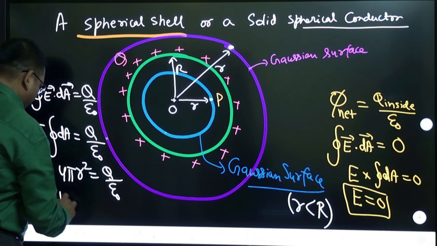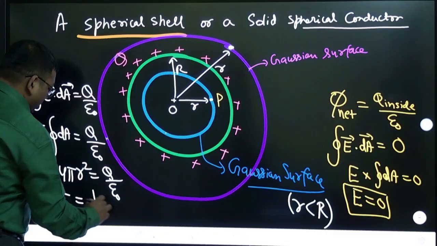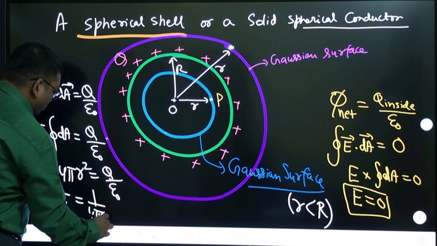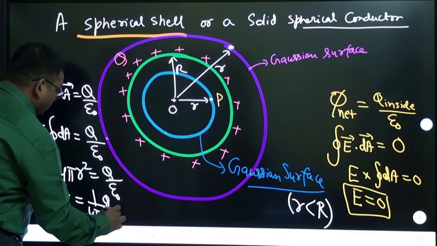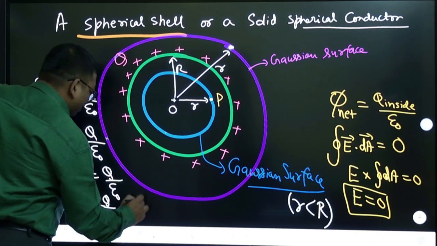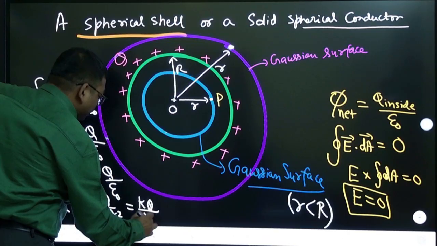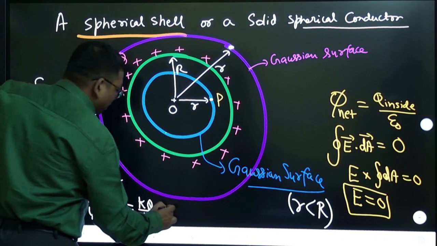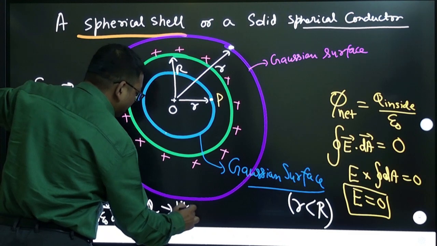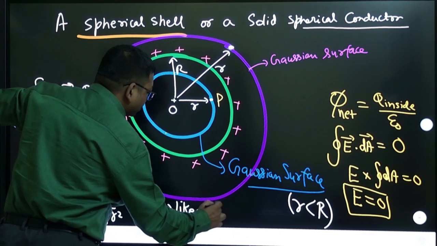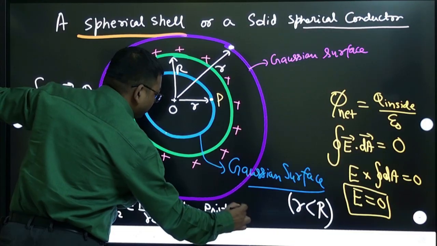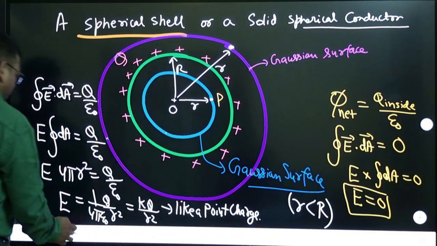That is why the electric field comes as 1 by 4 pi epsilon naught q by r square, which we already know is k q by r square. This is just like a point charge. Are you following this?